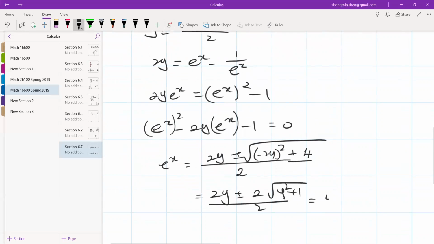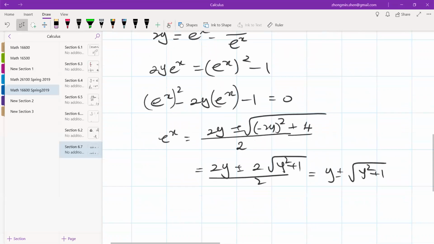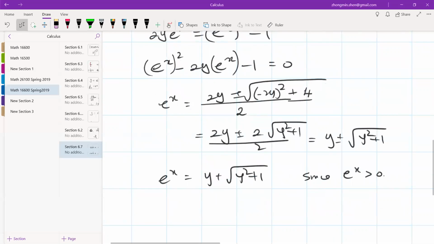The problem is you cannot take the negative sign, because e to the x is positive, and with the negative sign it's guaranteed to be negative. So e to the x must be y plus the square root of y squared plus 1. Then you solve for x.